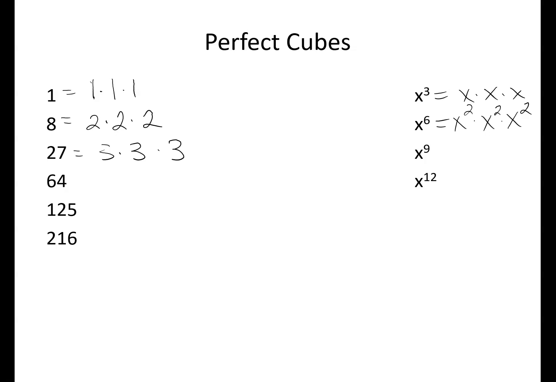And we also want to be familiar with the term cube root. I would say the cube root of 27 is 3. We could say the cube root of x to the 6 is x squared.